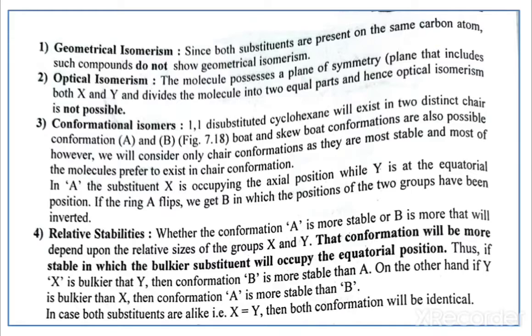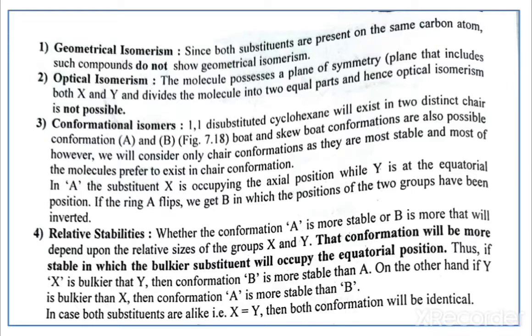In this case, the molecule possesses a plane of symmetry, that is the plane that includes both X and Y. It divides the molecule into 2 equal parts, hence optical isomerism is not possible. Now conformational isomers. 1,1 disubstituted cyclohexane will exist in 2 distinct chair conformations, conformation A and conformation B.